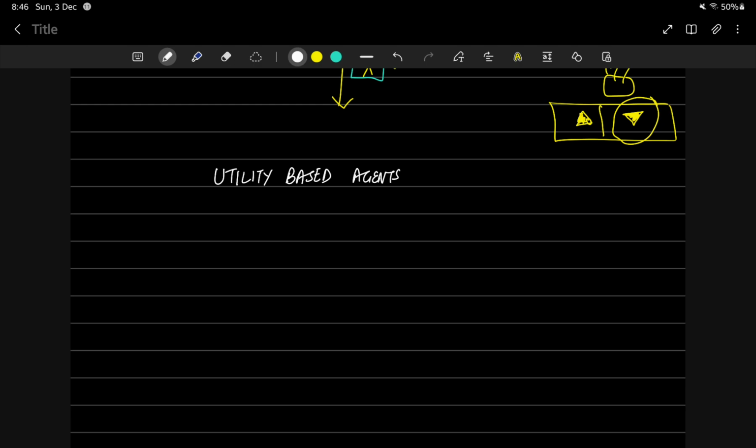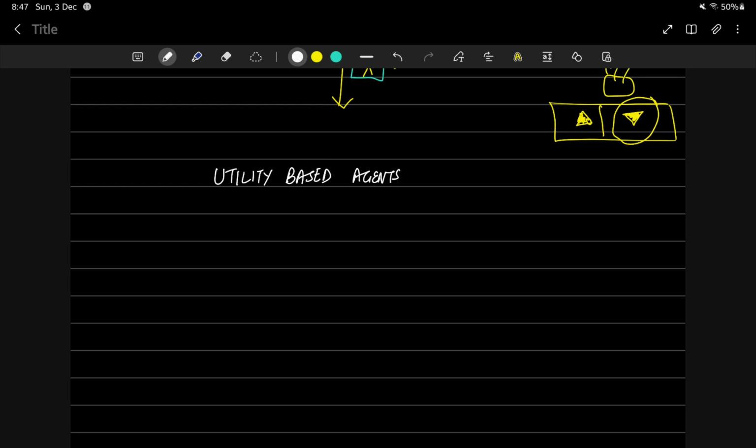I do not care how safe it is, how efficient it is, or the set of actions that I'm taking. All I want to do is complete my goal. So that would be a goal-based agent. But a utility-based agent also considers factors for efficiency and safety and other things.